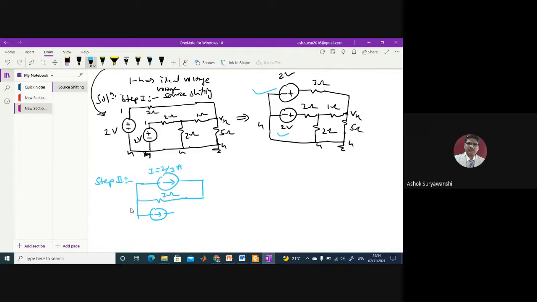V is 2 volt and R is 2 ohms, so 2 by 2 is 1, so this is 1 ampere. Across this current source, this 2 ohm resistor will appear like this. Then this branch will go to the 1 ohm, and this will come from the top, and here it is Vx.